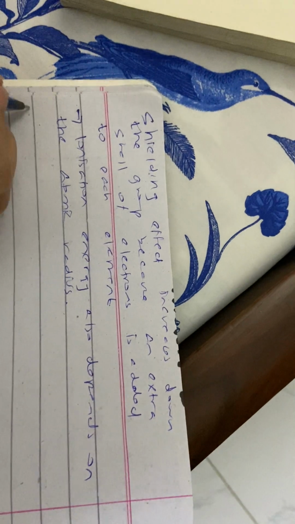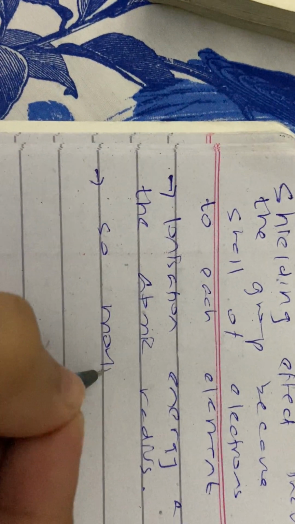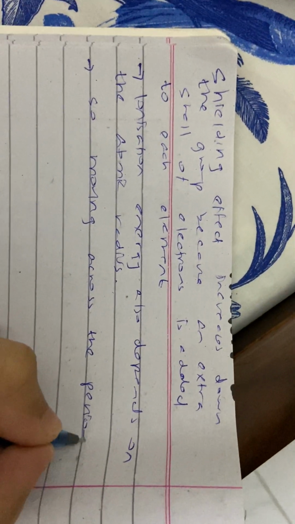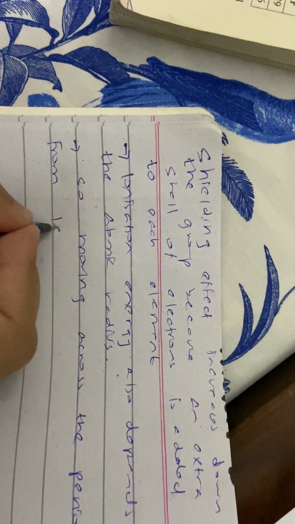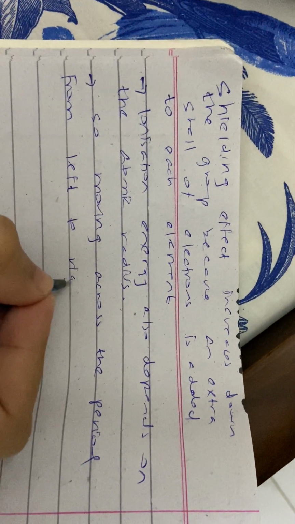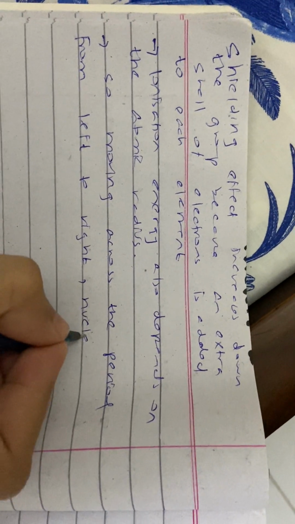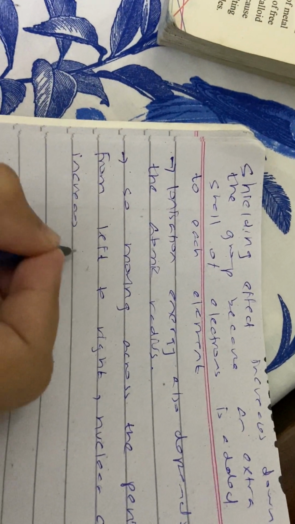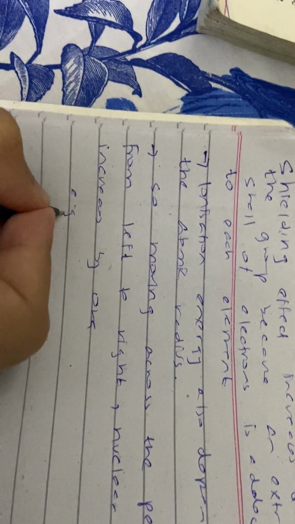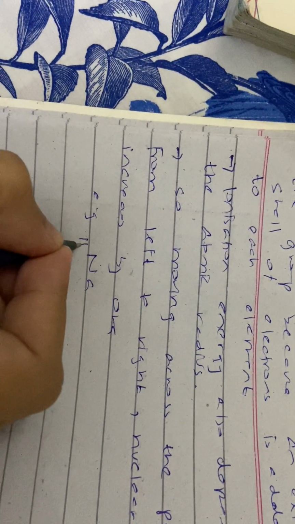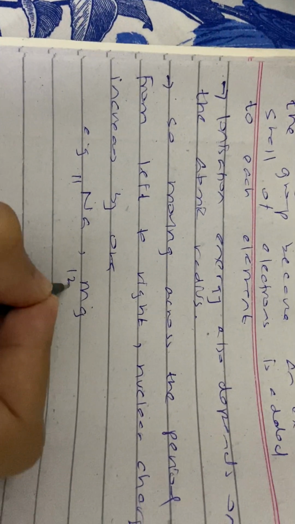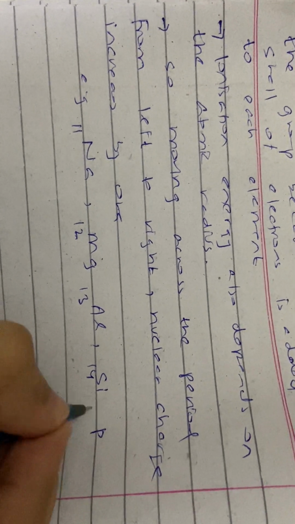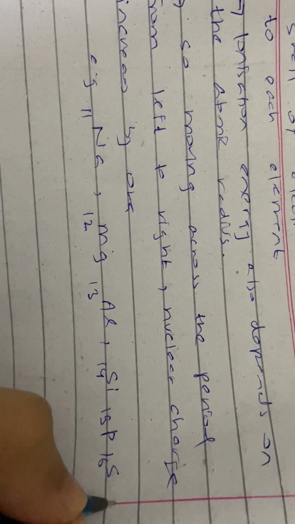Okay, so moving across the period from left to right, nuclear charge increases by 1. For example, in period number 3, sodium has 11 protons, magnesium has 12, aluminium has 13, silicon has 14, phosphorus has 15, sulfur has 16, chlorine has 17.